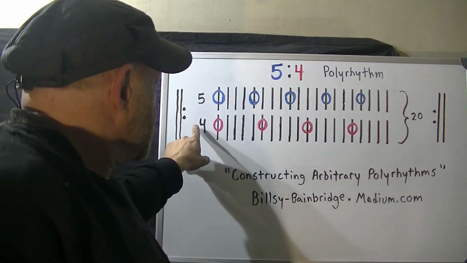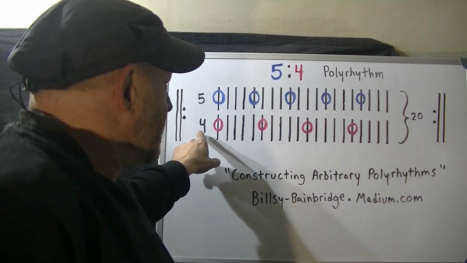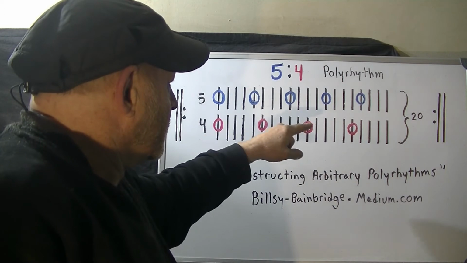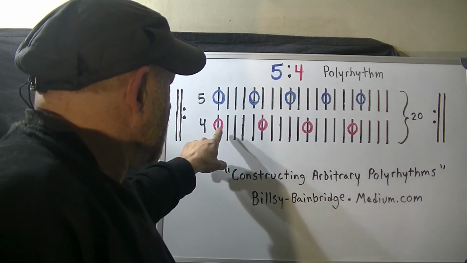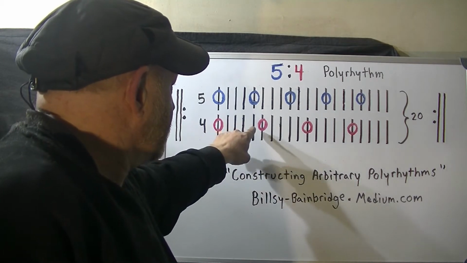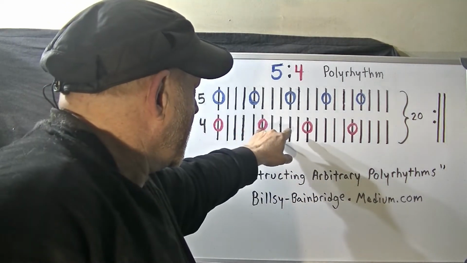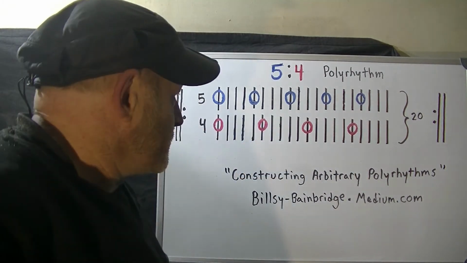The 4 row, by contrast, is dividing into 20 five times. So we have 5 ticks for every O. That's the basic way that all works.